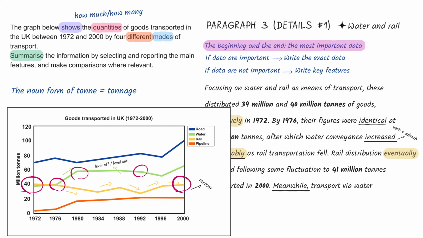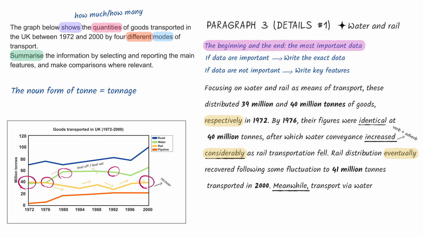Both are correct. And we should make it past tense, leveled out. So transport via water leveled out around, you should write the number of the data, around 59 million tons, right?